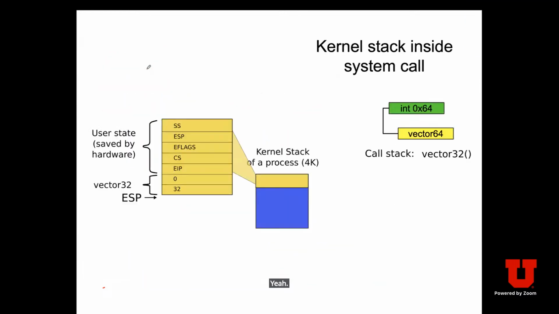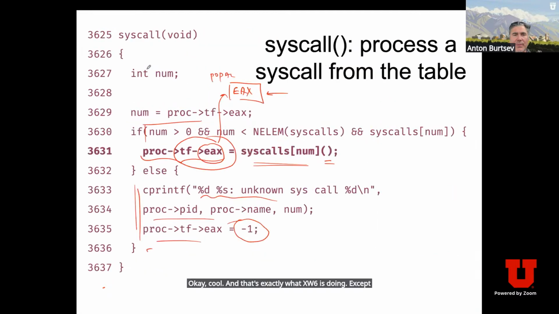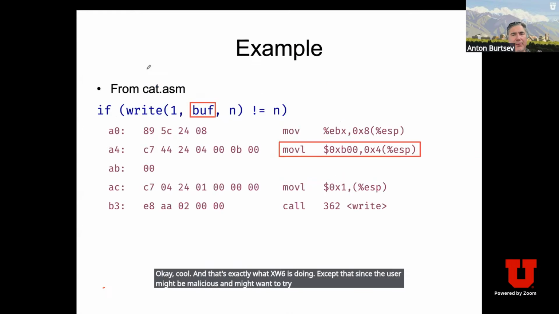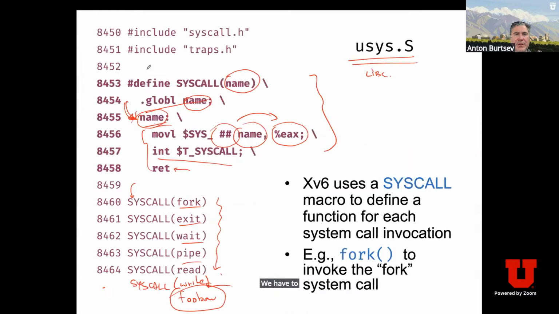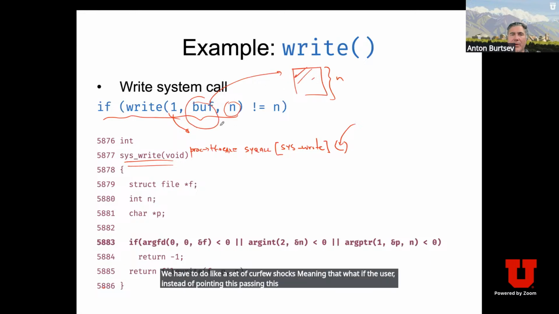And that's exactly what xv6 is doing, except that since the user might be malicious and might want to try to crash the kernel, we have to do a set of careful checks. What if the user, instead of passing this buffer to a user memory, just passes a buffer which points, for example, into the interrupt descriptor table?